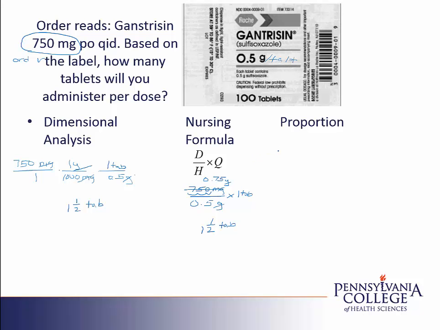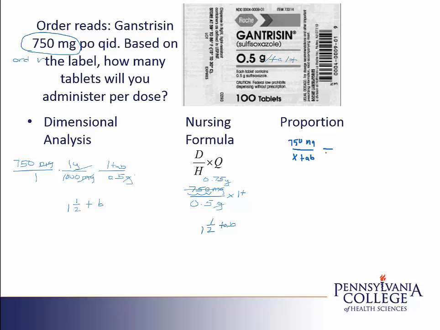In the proportion approach, I start with what I want to give my patient, so 750 milligrams. I put this over X tablets because I want to give the amount of med in tablets.